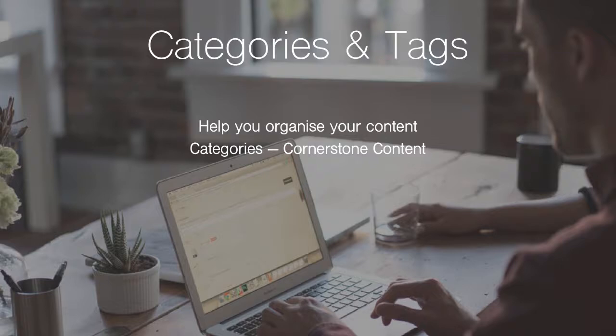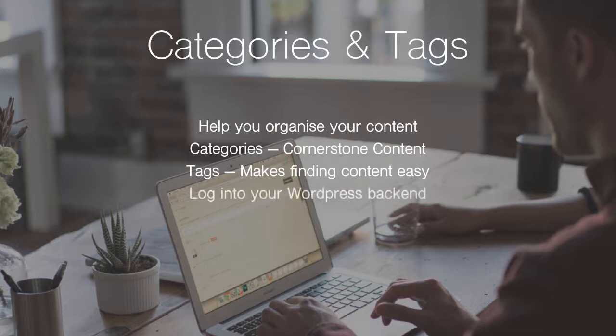I'm going to share with you something I've done on another site of mine that really works like a charm, and I want you to think of your website the same sort of way. Cornerstone content, those are the main themes of the topic of your website. And tags just make things easy to find within that content.